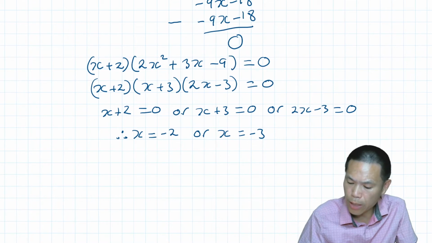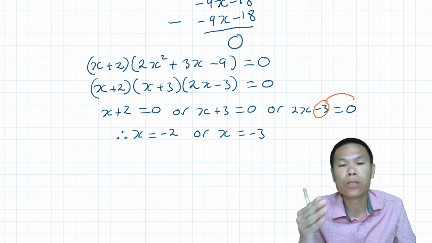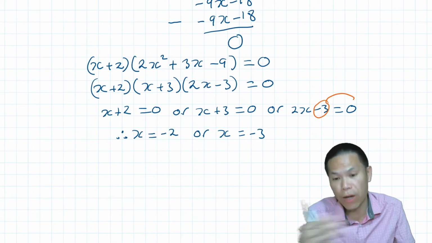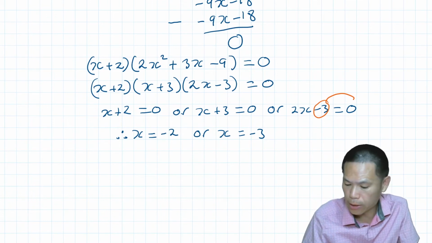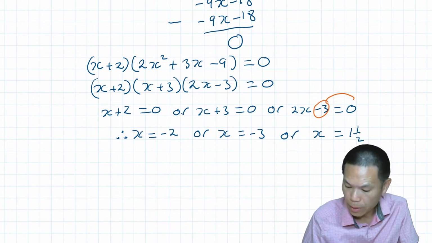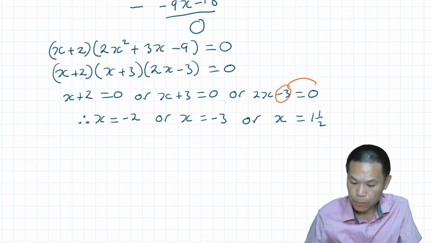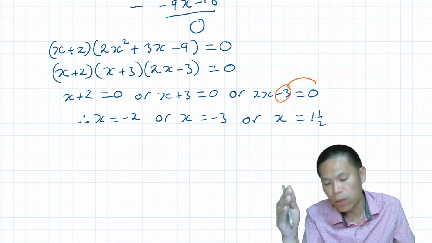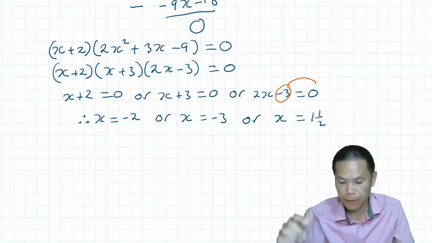With this one here, I move the negative 3 to the other side. So this becomes positive. So 2x equal to 3. Then I divide both sides by 2. So that is x is equal to 3 over 2, which is 1.5. So there you go. So therefore, x equal to negative 2, negative 3, or 1.5.